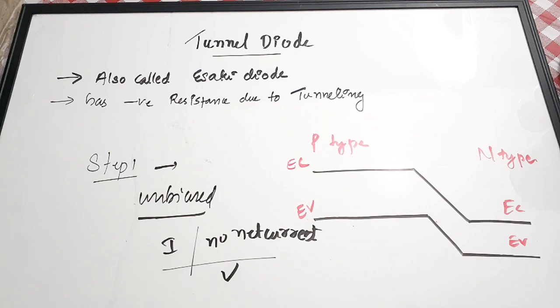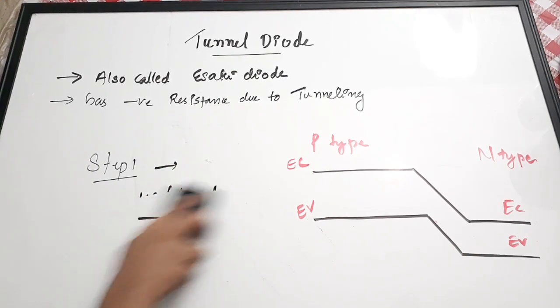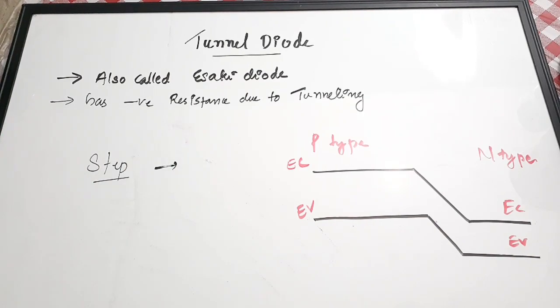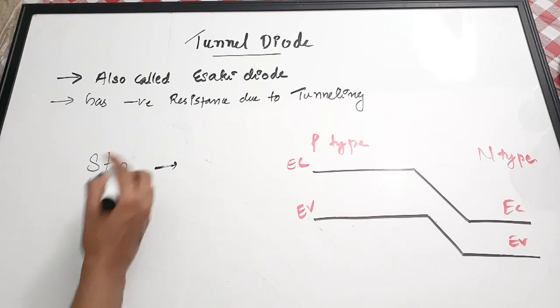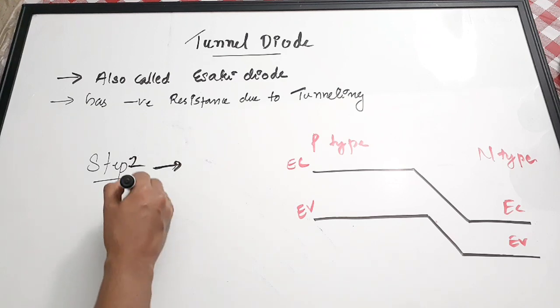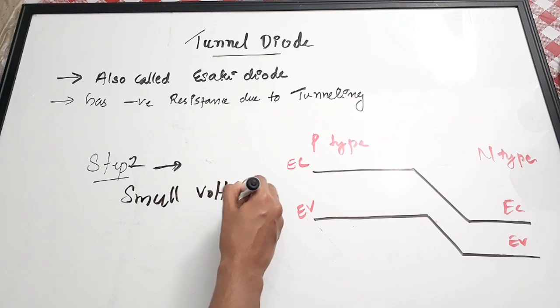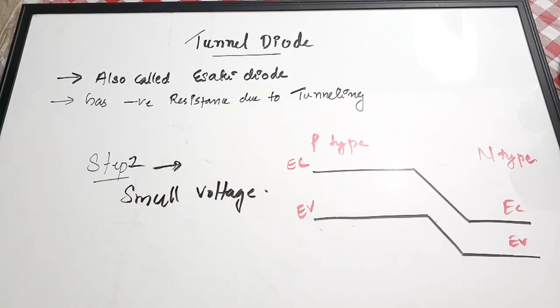In step 2, we are going to apply a small voltage to this tunnel diode, in the forward condition. Forward voltage we are going to apply.